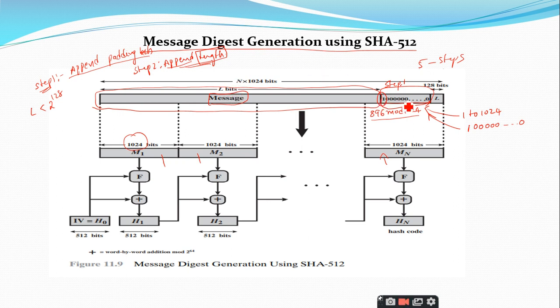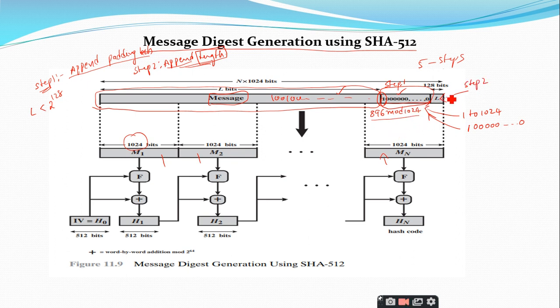For this you are going to pad the 1 followed by a sequence of zeros. But there should be a provision to distinguish the original message from the padded bits. The message is also a sequence of zeros and ones like this. But how are we going to differentiate the padded bits from the original message? You are going to make use of this field. So this is step 2.